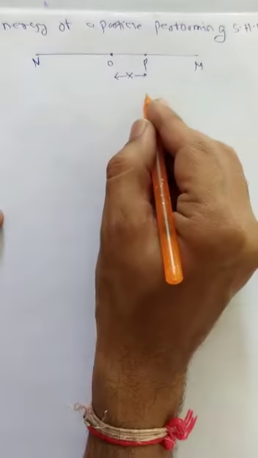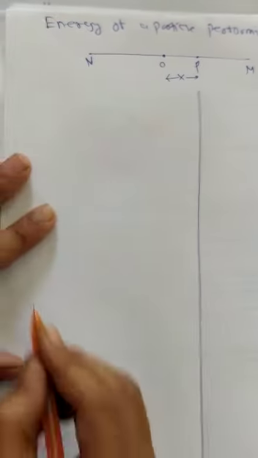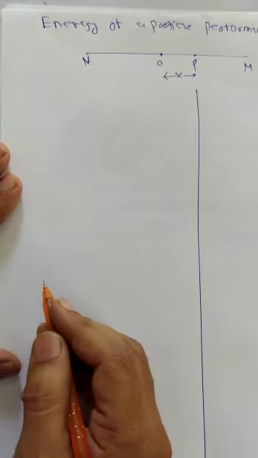We know that kinetic energy is nothing but half mv square. Out of that, we have calculated the value of velocity.